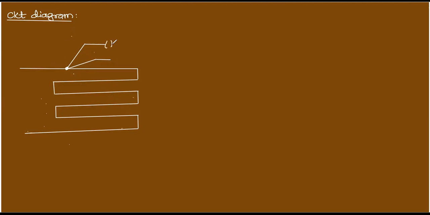So here a key and one resistance box I am connecting now. And here we are having a cell, only one cell we are connecting here.